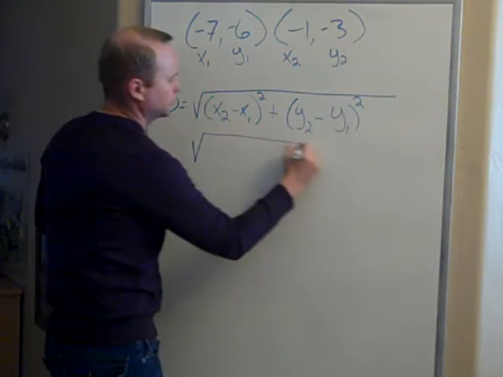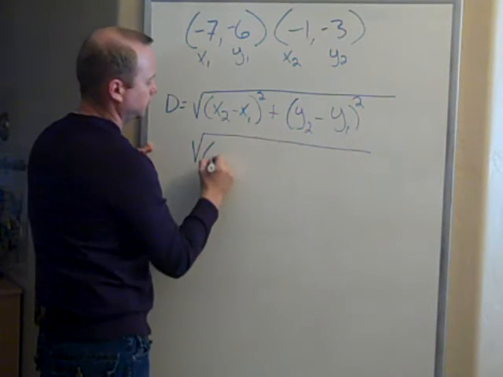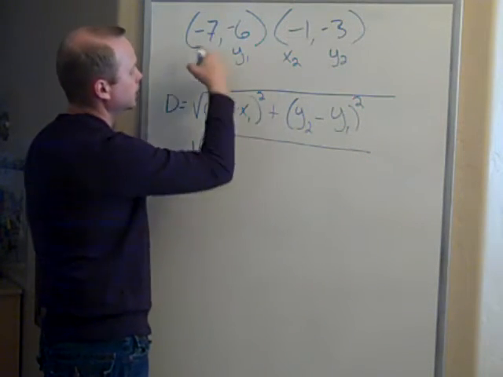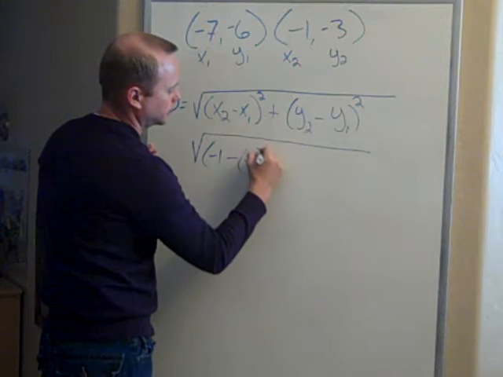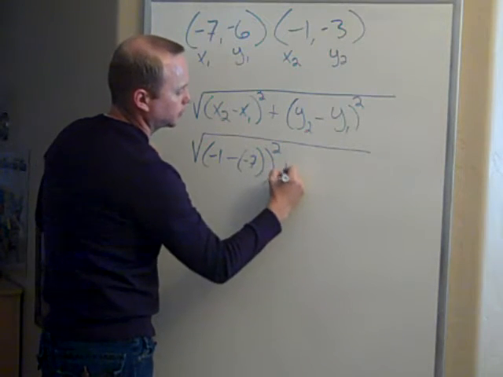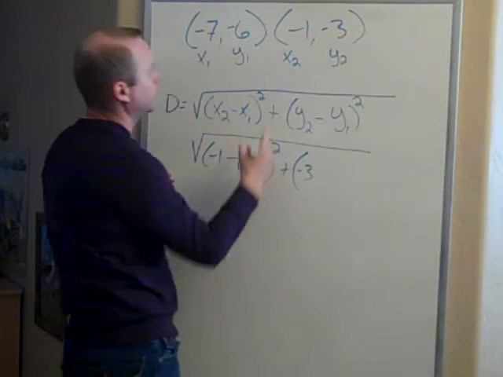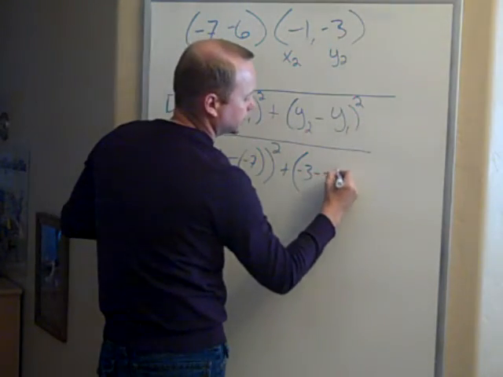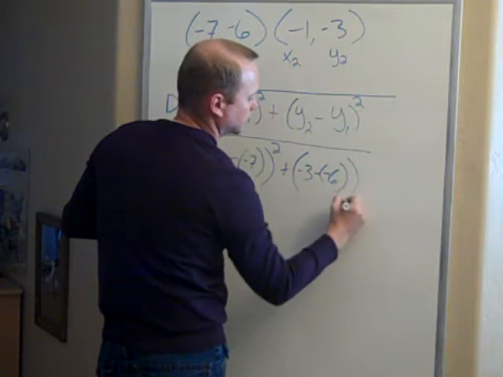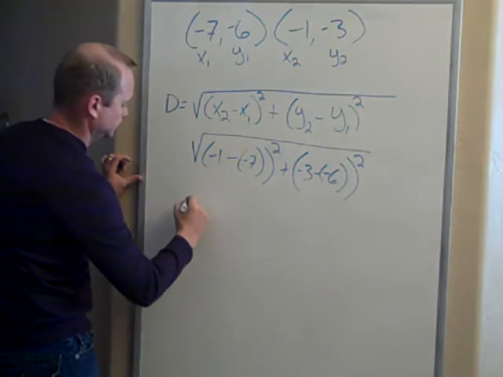This is going to be the square root of negative 1 minus negative 7, all of that's going to be squared, plus y2 is negative 3. This one has a lot of negatives in it. Minus negative 6. And all that's going to be squared.